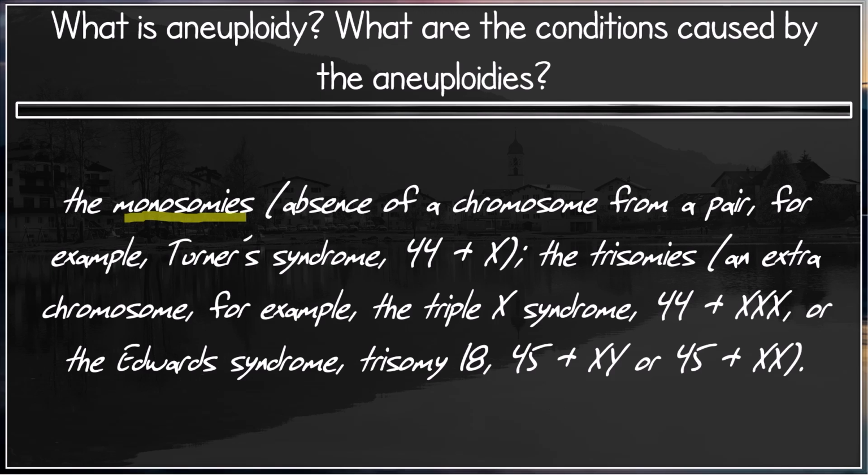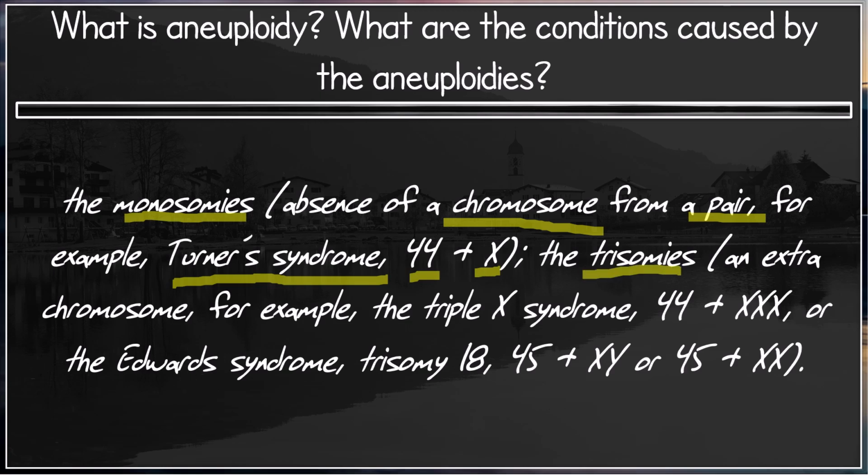The monosomy, absence of a chromosome from a pair. For example, Turner's syndrome, that is 44 plus X.